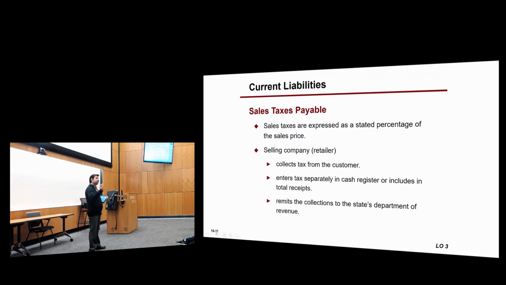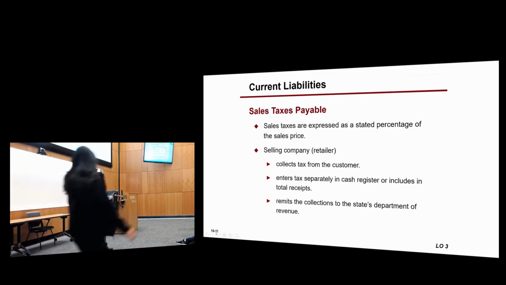They will take the money and give it to the tax agency. It's not immediate. This is why they recognize sales tax payable, because the company will keep the money for a while, but they owe it. It's not an expense. The company is simply acting as a collecting agent. It's nothing more than that.